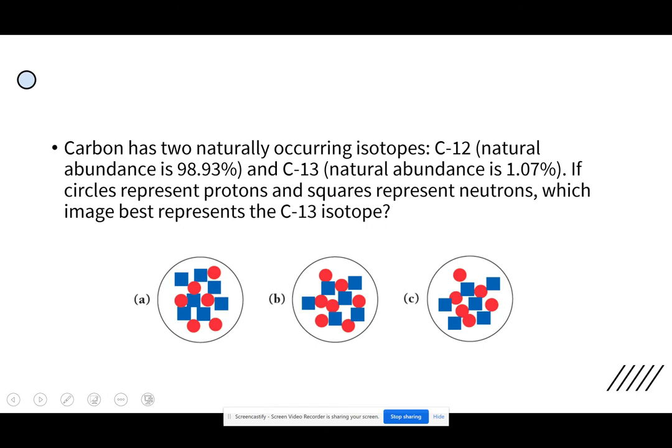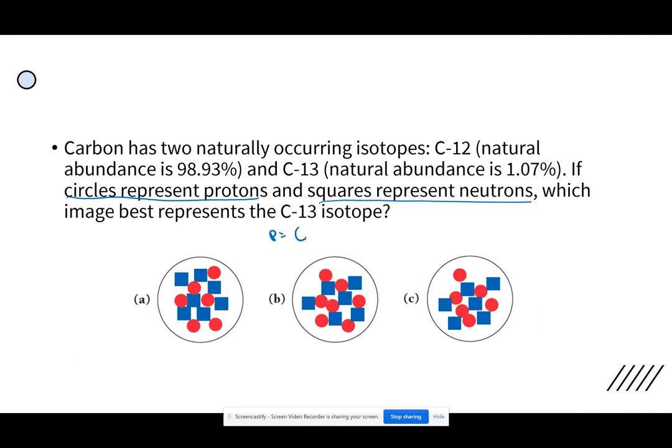So carbon has 2 naturally occurring isotopes, carbon-12 and carbon-13. Oh, they even left out carbon-14 because it's so rare. There is a carbon-14 as well. So in this picture here, circles represent protons, squares represent neutrons, which image best represents the carbon-13 isotope?